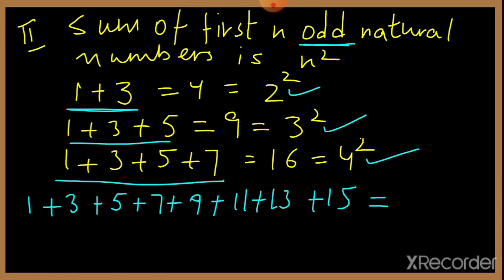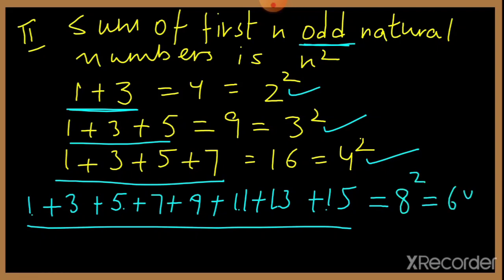What we will do, now we can see these are all odd natural numbers starting from 1. And how many are they? Let us count how many are these. 1, 2, 3, 4, 5, 6, 7, 8. There are 8 odd natural numbers, so their sum will be 8 square, which is equal to 64. So the answer will be 64. We don't need to add them, we can directly write the answer.